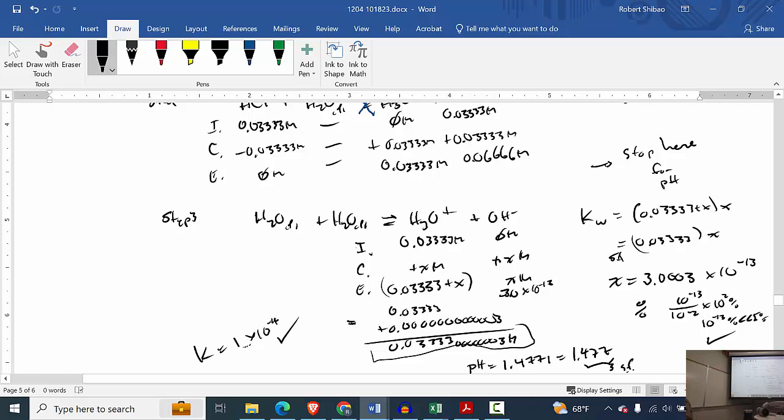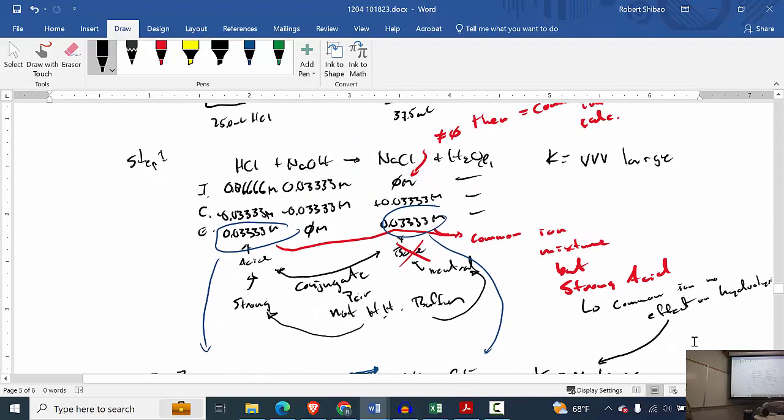That's the pH, and then if I want the inventory, I just follow the steps down to see what the inventory is.